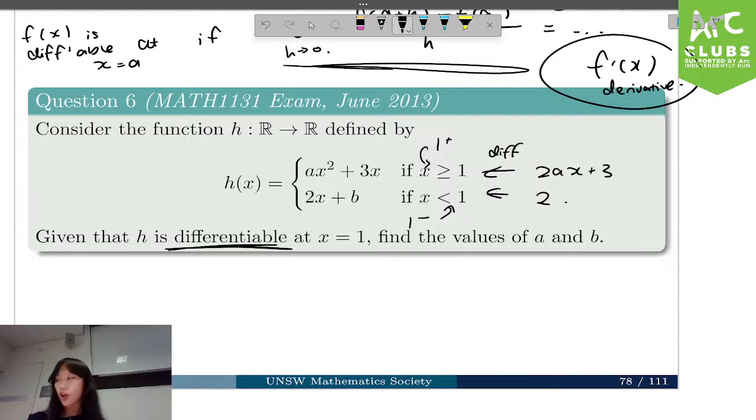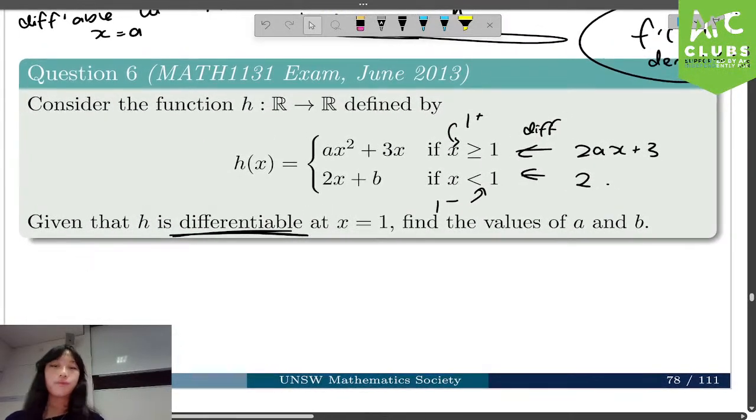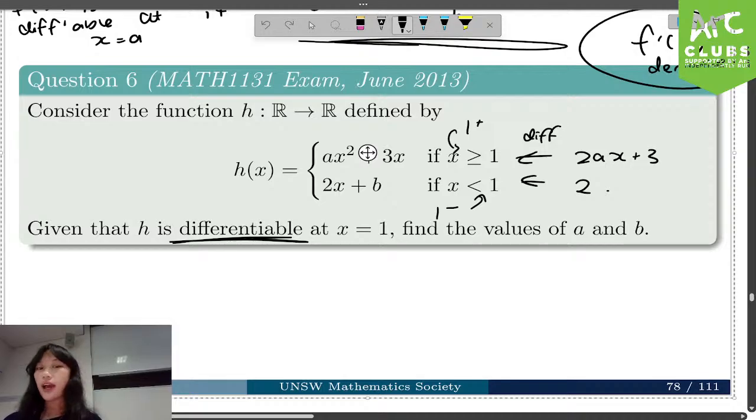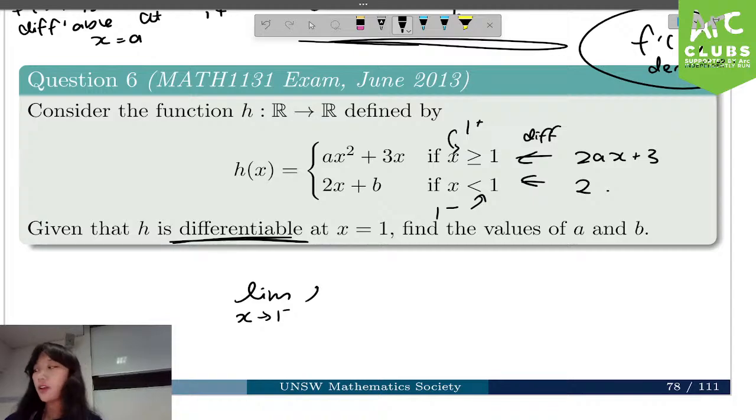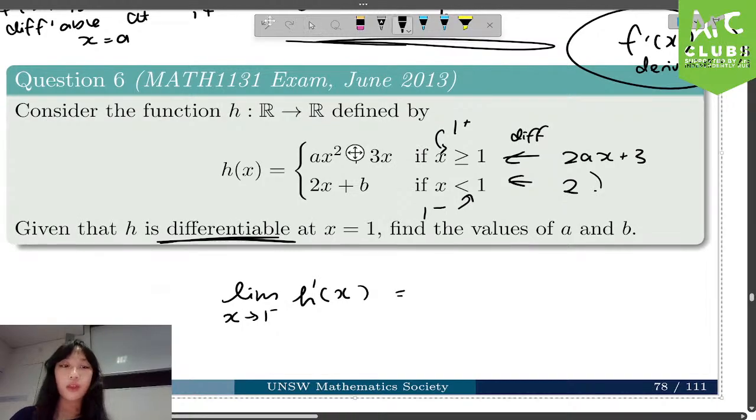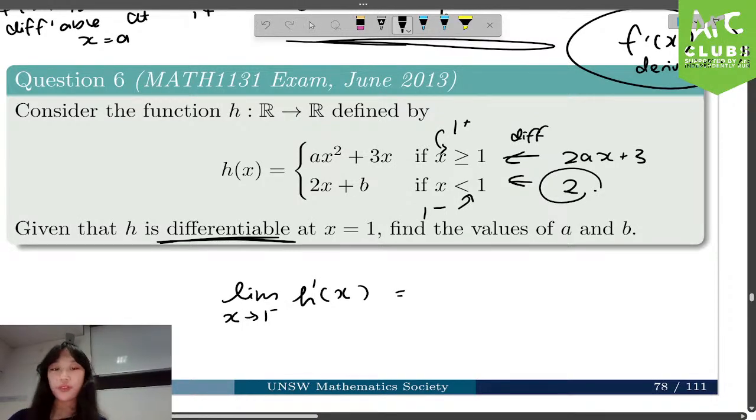So we want the derivatives from both of these domains to coincide and be the same value. That's good because we've got the values of the derivatives here, which means that the limit as x approaches 1 minus of h dash x is equal to, we sub that in here, just 2.